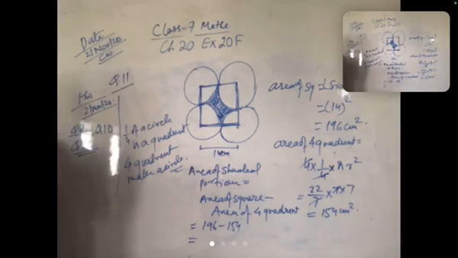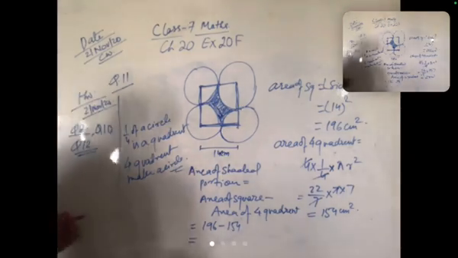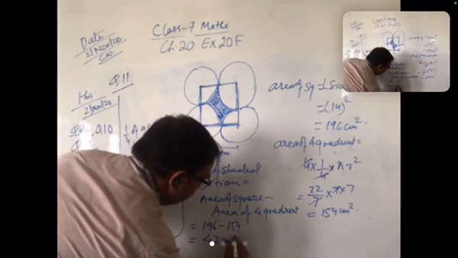So 196 minus 154 is 42 centimeter square.